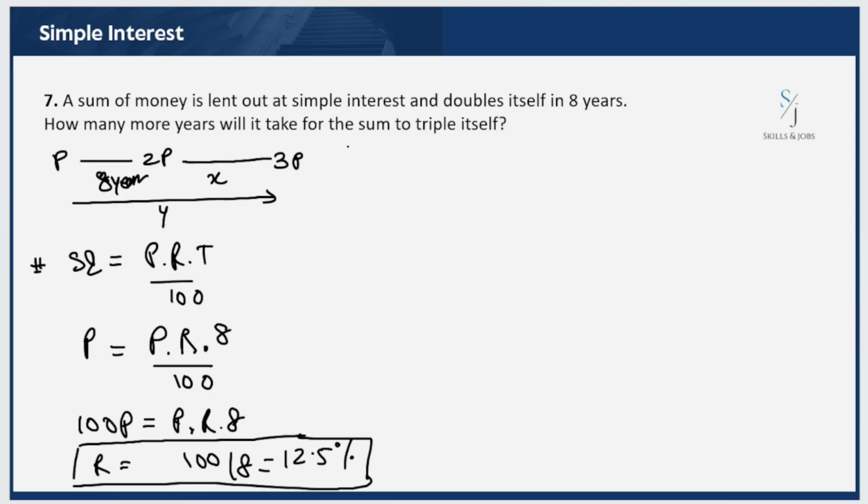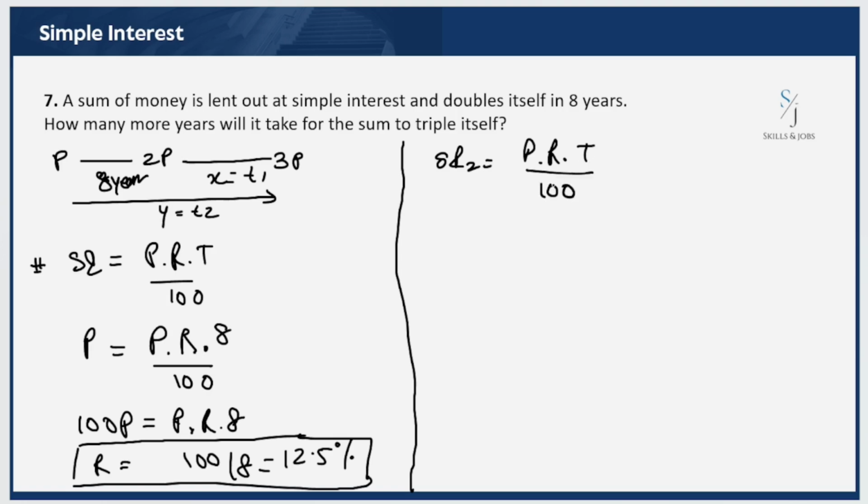Now coming to the second part of the question. How many years will it take for the sum to triple itself? So we need to find out the time. We can say either x or y, or we can say here t1, t2, just to convert it into terms of time. Now write down simple interest 2 is equal to P into R into T by 100.